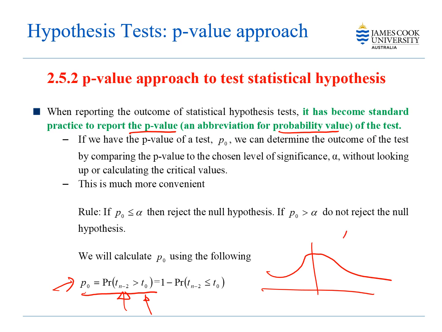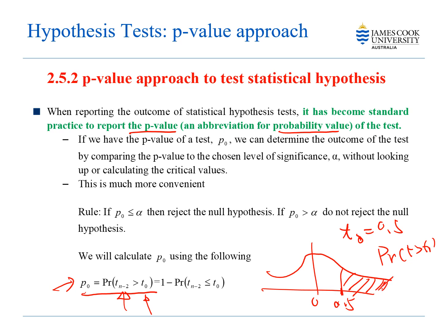Suppose the value of the test statistic under the null is 0.5. The associated p-value is the probability of t bigger than t0. That is this area. That's the p-value.